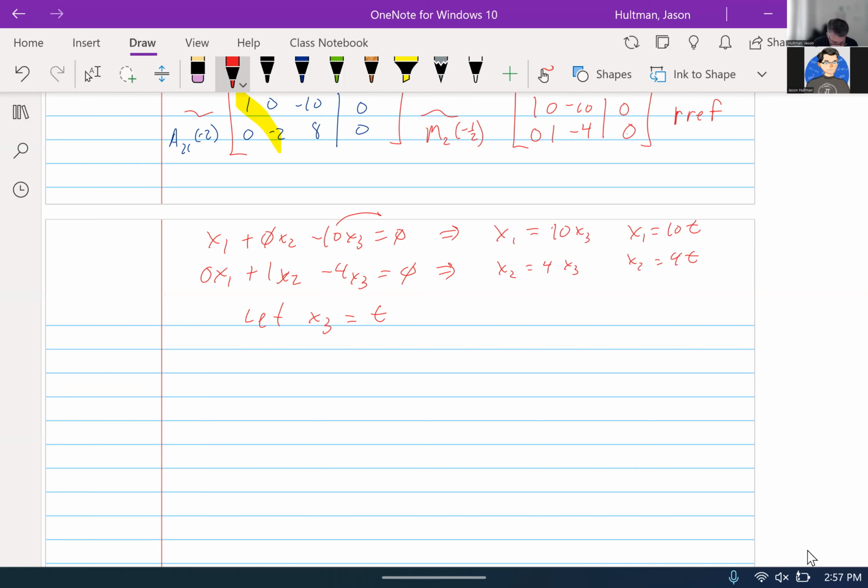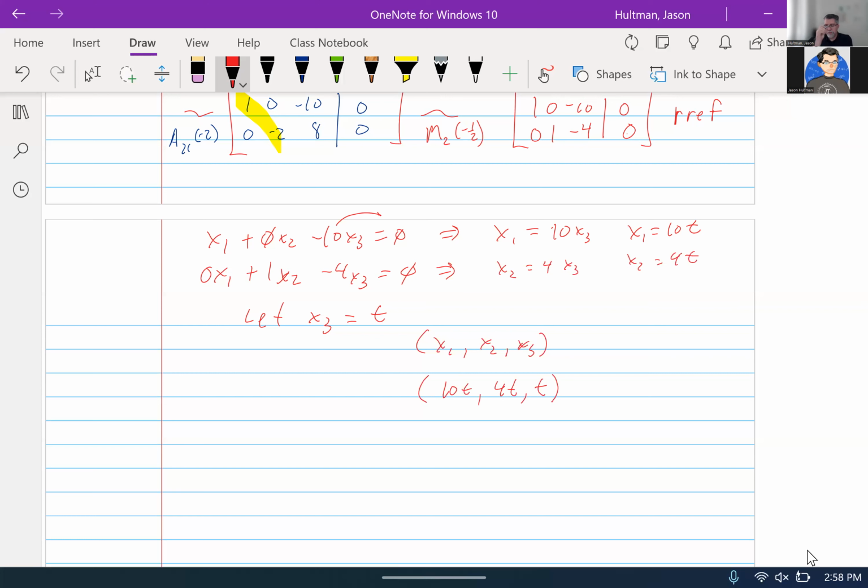And so this will allow me to define a solution x1, x2, x3 in terms of t, this variable, this parameter t. And so x1 was 10t, x2 was 4t, and x3 is t.